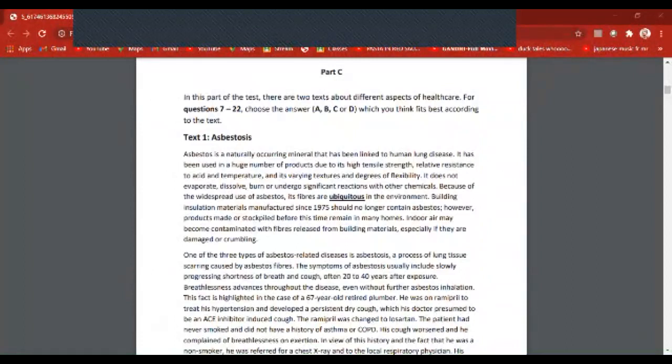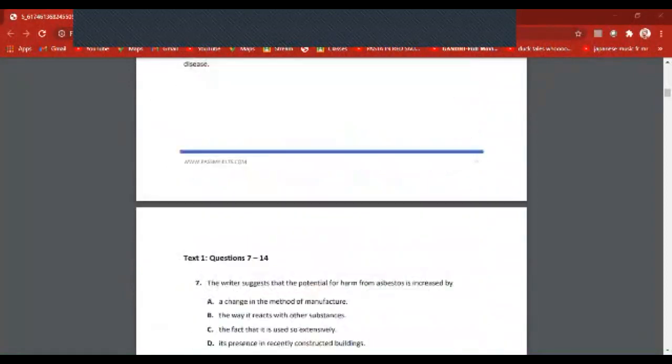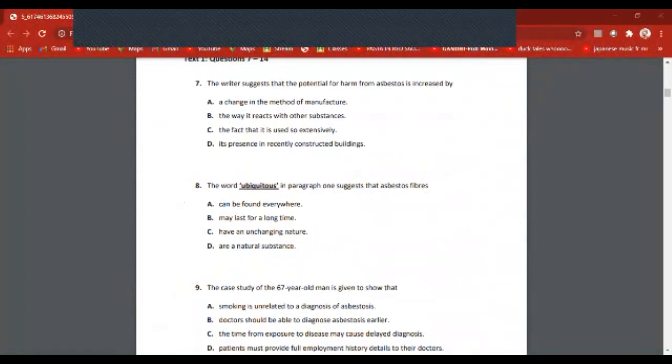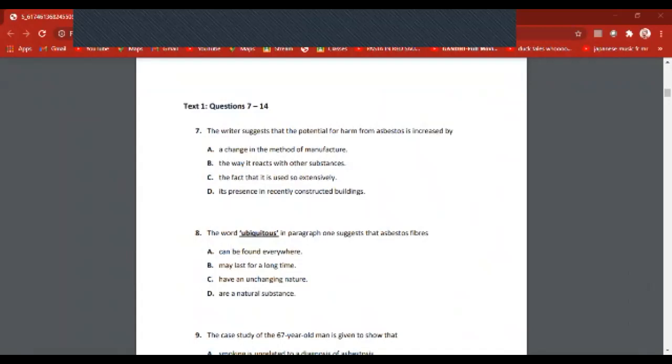For example, in this first question, the first part, the text here: the writer suggests that the potential for harm from asbestos is increased by. So here we see it's talking about harm from asbestos, so this is going to be in the first paragraph. Secondly, ubiquitous.